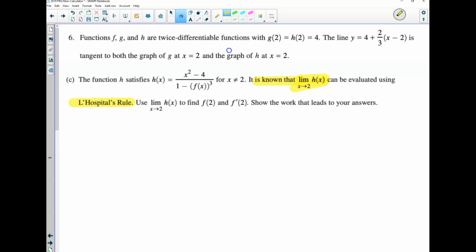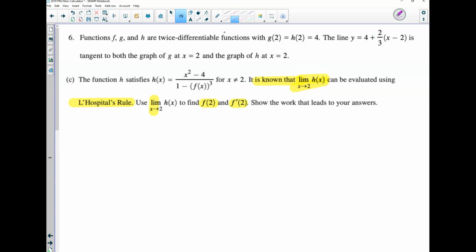Use the limit as x approaches 2 of h of x to find f of 2 and f prime of 2. Before I go, did anybody get this problem? Here's my thought process on it. Maybe it helps.